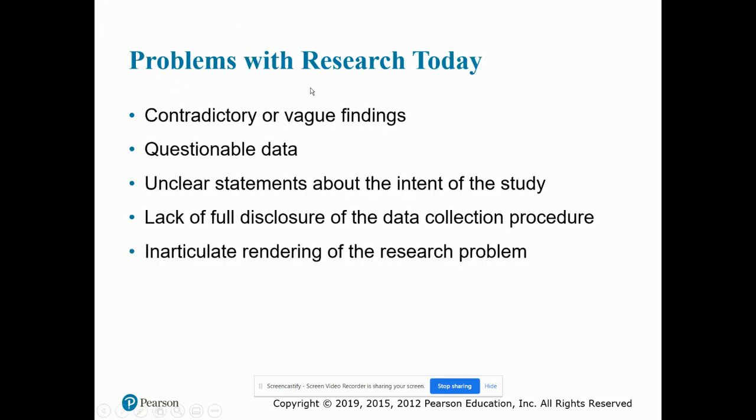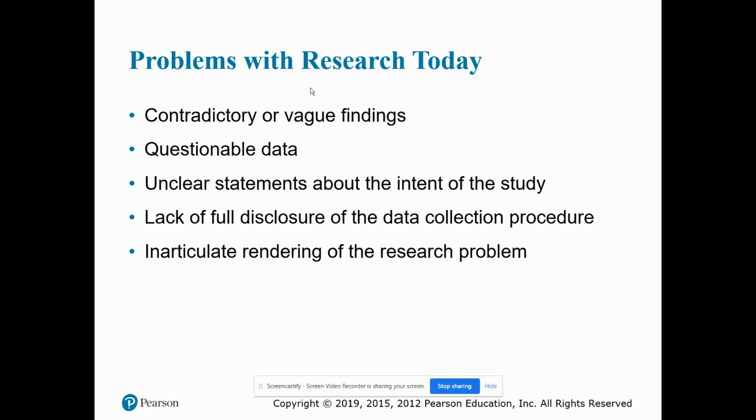Now, there are problems with research today, and this is what we are going to not do. We don't want to have vague findings. You want to be able to explicitly state what your findings are and how you came to those findings. And questionable data, there's studies out there where you don't really know how they came to get their data results.